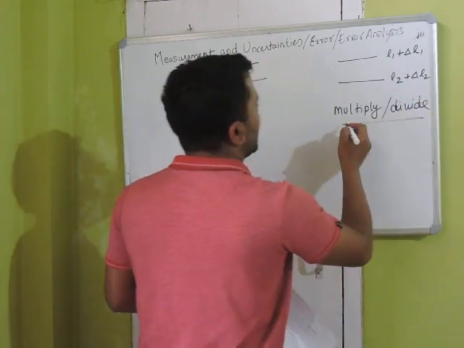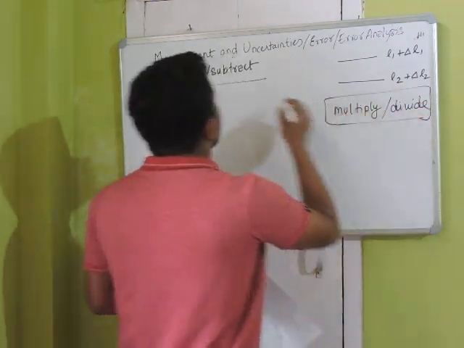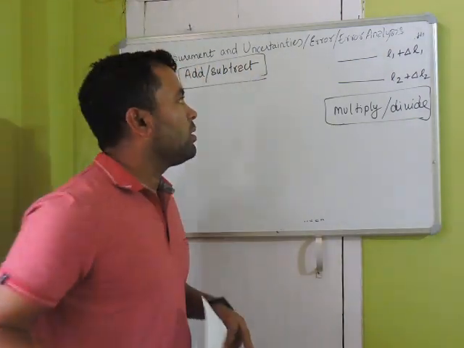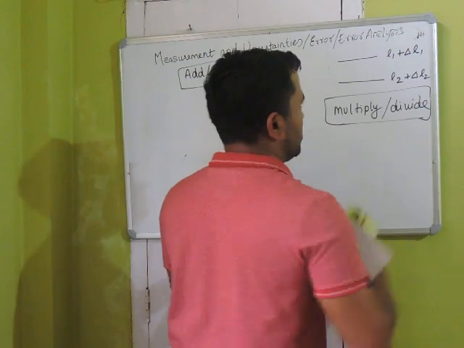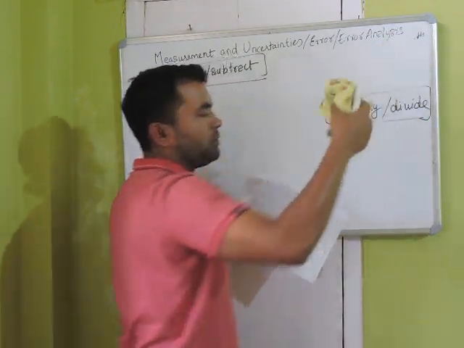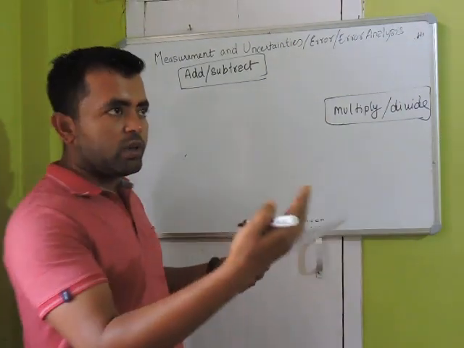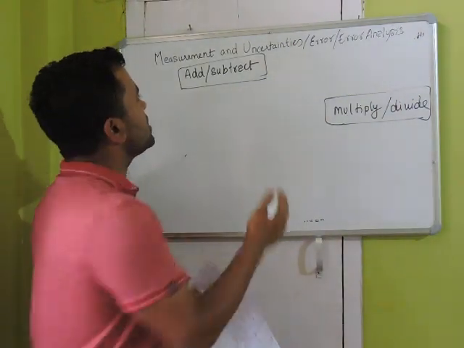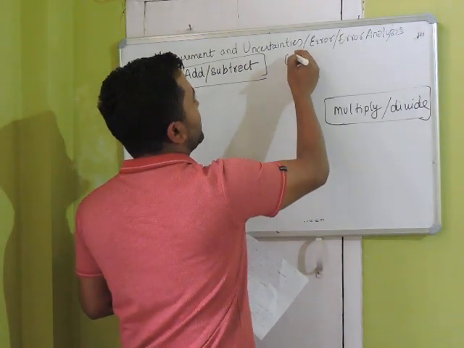So two things are very important: how error comes out when we do a measurement involving two or more quantities and both have error, how they evolve. This concept is called propagation of error.